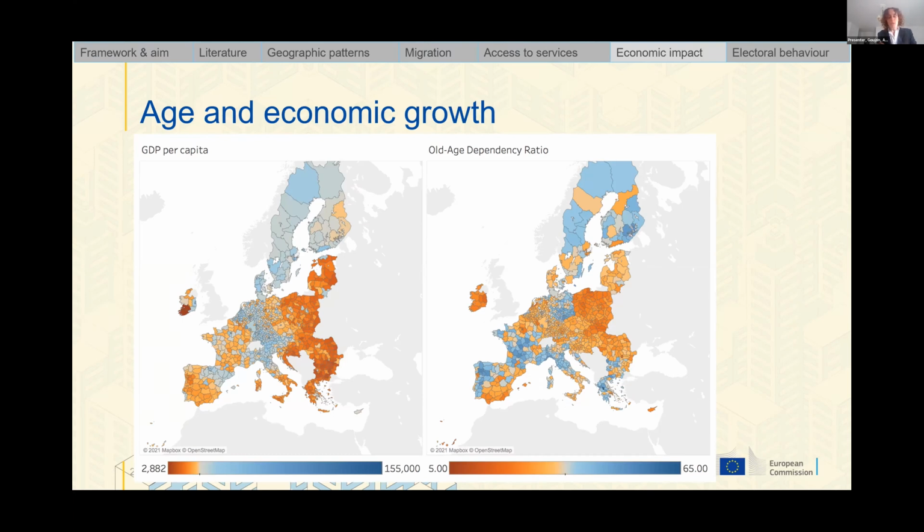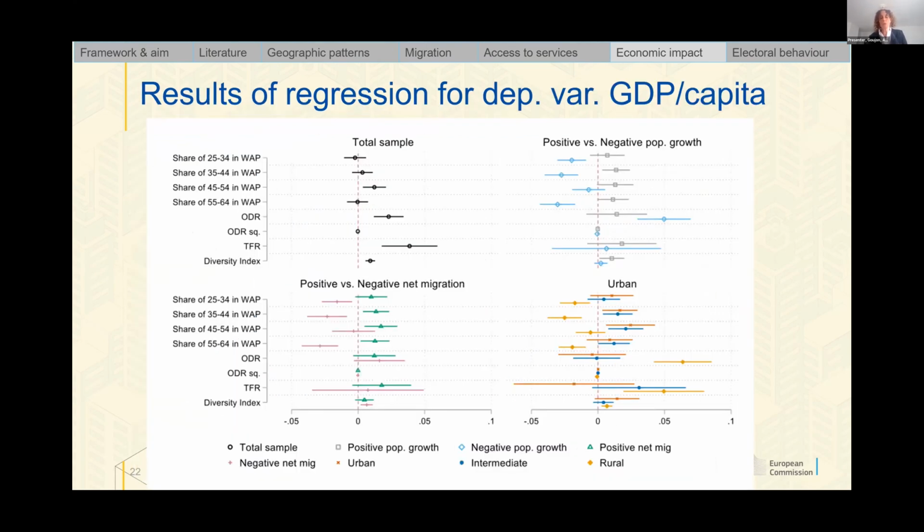From a descriptive point of view, if we compare the map that is showing the GDP per capita and the old age dependency ratio, it seems strangely unrelated, as we see the highest GDP are in Central and Western Europe, in Central and Northern Europe, and with the lowest in Eastern and Southern Europe, and reversely, the old age dependency ratio is lowest in Eastern Europe and some regions of France and Germany, and highest in Northern Europe.